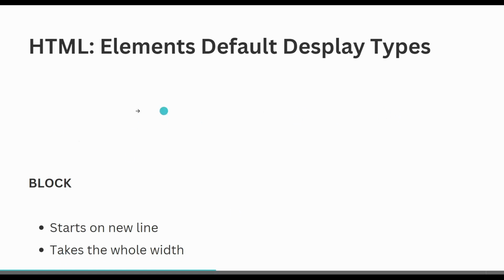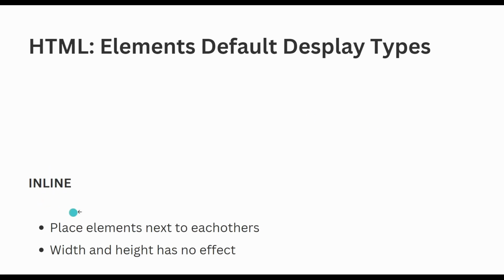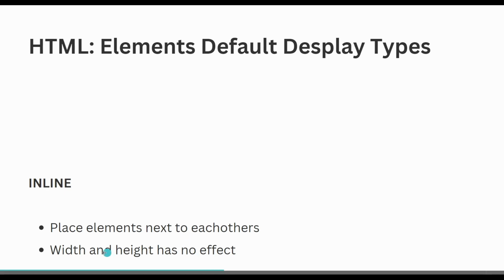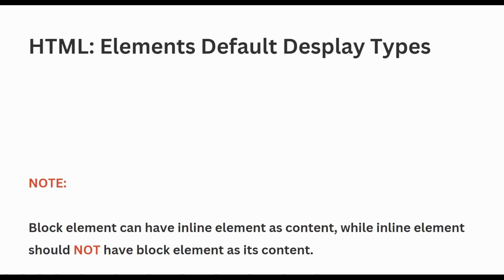The whole width of the page will be reserved for headings or paragraphs or any HTML of block type. Inline type, on the other hand, places the items next to each other, just like we said earlier, and the width and the height have no effect. It just takes the width of the element itself.